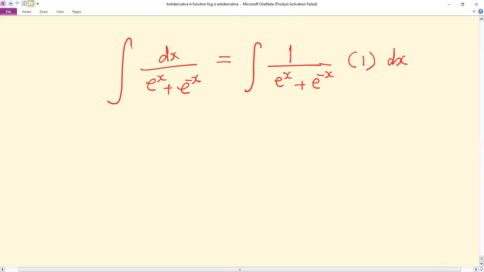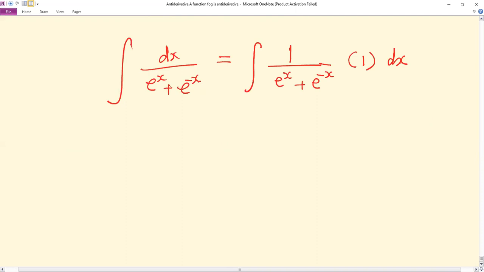There's nothing I'm changing from the problem. It's still the same. But now this one, we are going to write it in a special way that can help us have a clear picture on how we can get an integrand whose standard value we know.